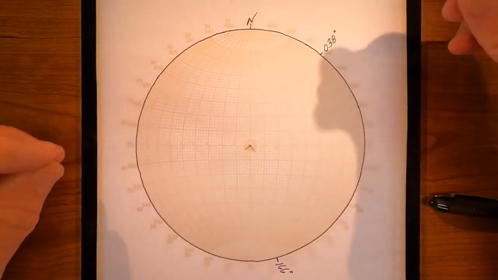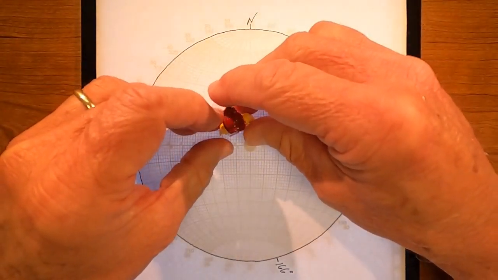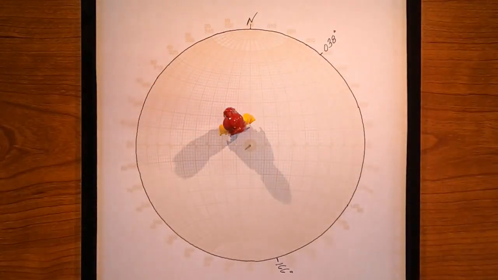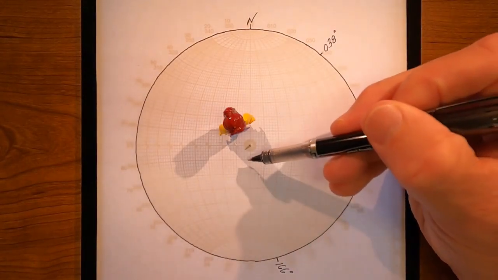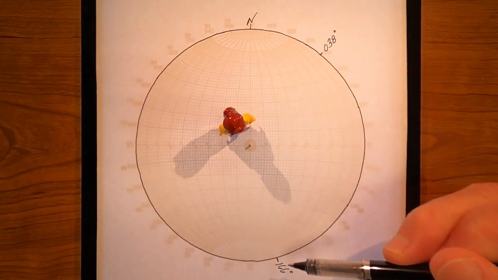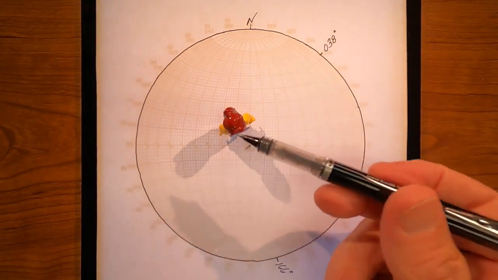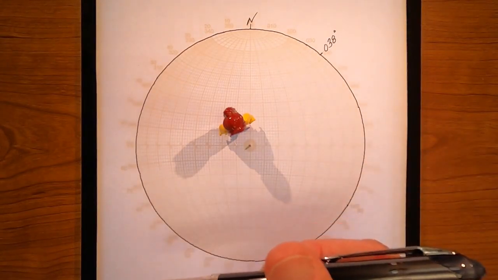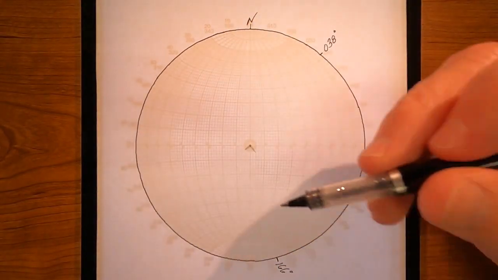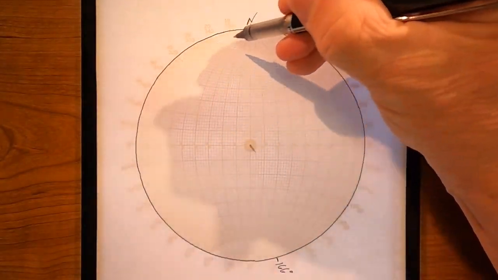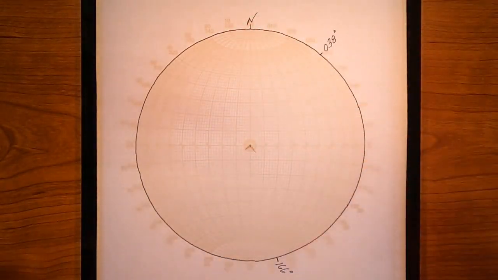Let's remind ourselves of this right arm rule thing. If I place my little Lego lady here, such that she faces the compass direction 166, her right arm in that case points off to the west or southwest. That means, of course, that my great circle is going to lie over here to represent that plane.